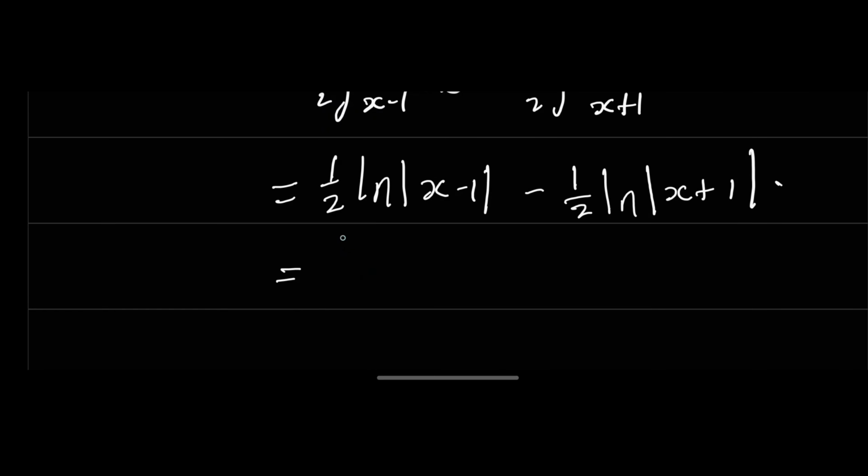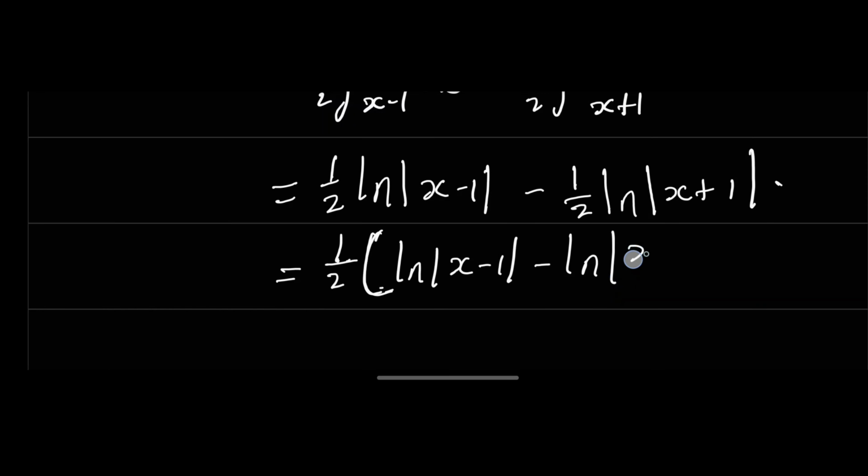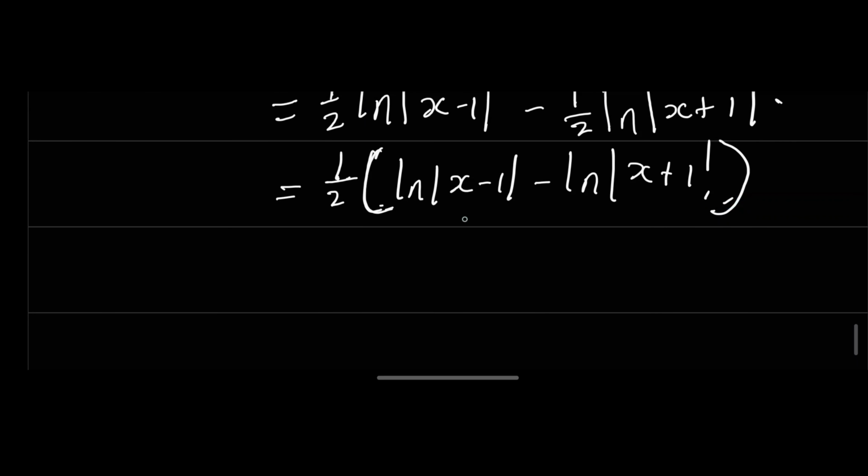And this one will be half natural log of the absolute value of x plus 1. The half is common, so we can factorize it out and get half of the whole thing, which is natural log of x minus 1 minus natural log of x plus 1. Now the next step is to recognize that we have a log minus a log.